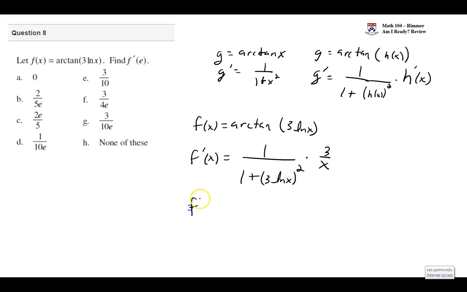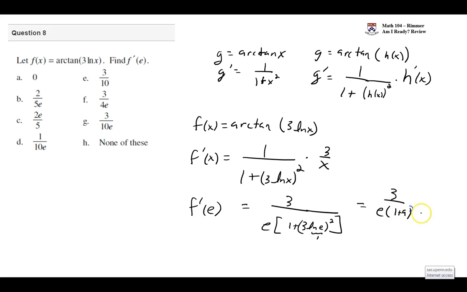And they'd like for us to plug in e. So we'll have 3 over e times the quantity of 1 plus 3 log e, who gets squared. The log of e is 1, and 3 squared is 9, so we have 3 over e times 1 plus 9, or 3 over 10e.